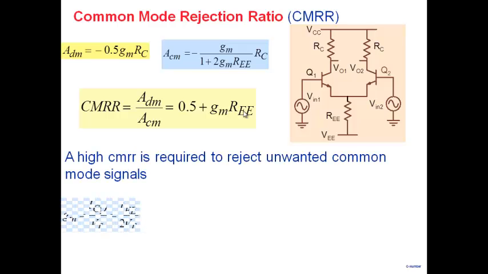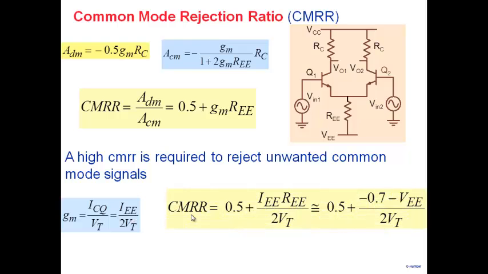Okay. So GM, note, is ICQ by VT, and ICQ, the collector current in either of the two transistors, is IEE divided by 2VT. See, the current in this branch, we are calling it IEE. It's not the emitter current, but it's the sum of the two emitter currents here. So IEE by 2VT. And so what we can do is CMRR is 0.5 IEE RE by 2VT.